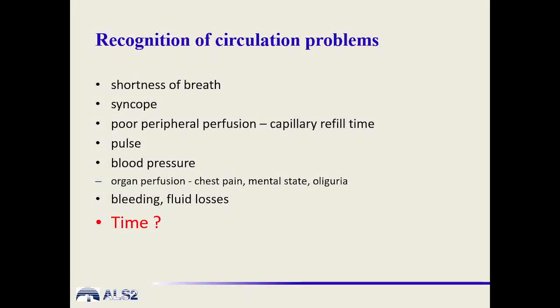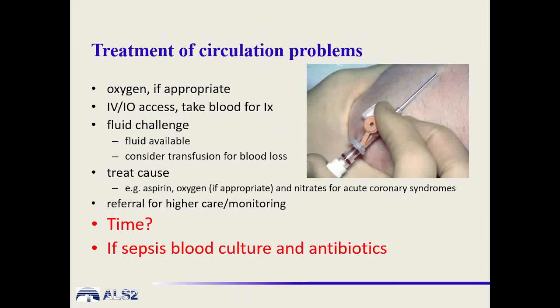Pulse, blood pressure, organ perfusion is going to be low, and the mental state changes, oliguria is going to come up. Bleeding, if they are bleeding and having fluid losses, they also will have a cardiovascular compromise.